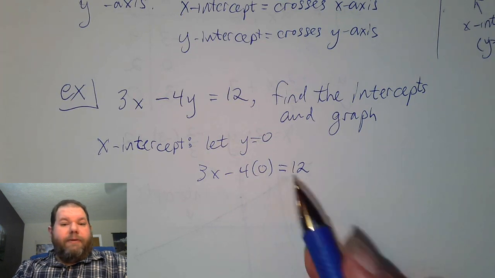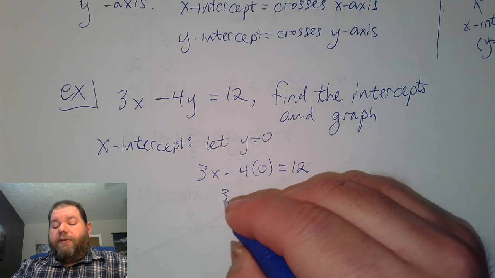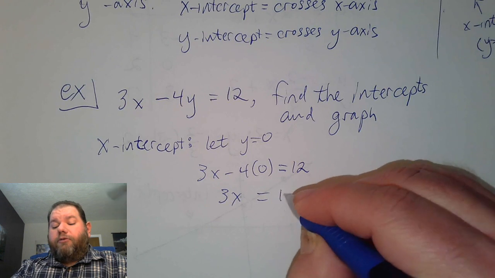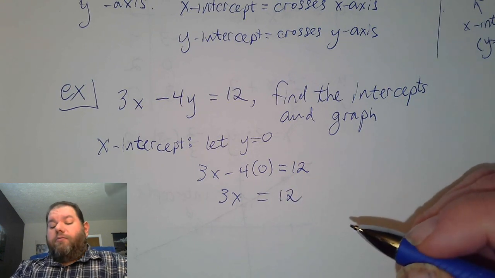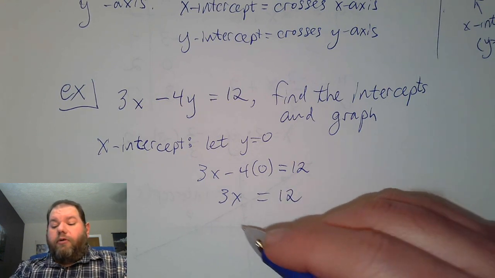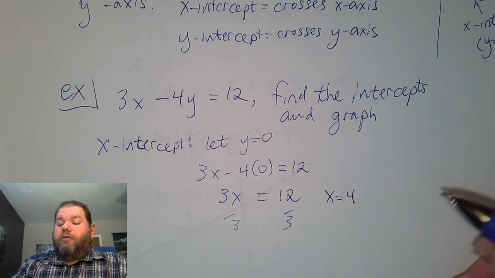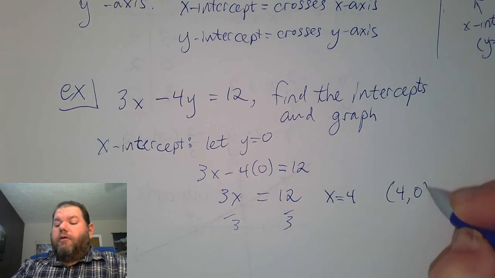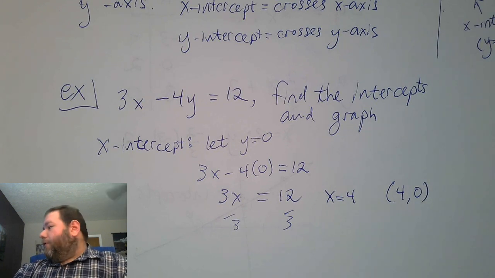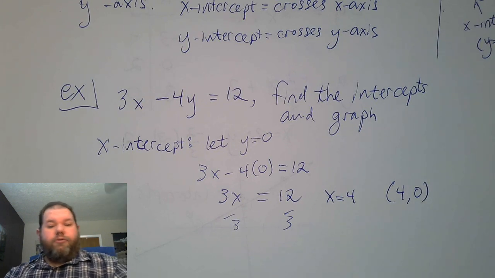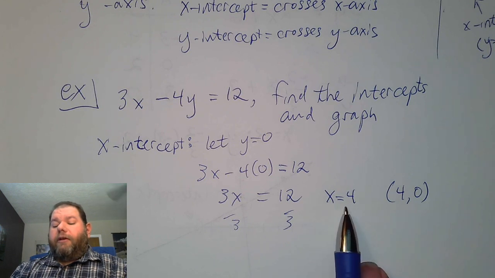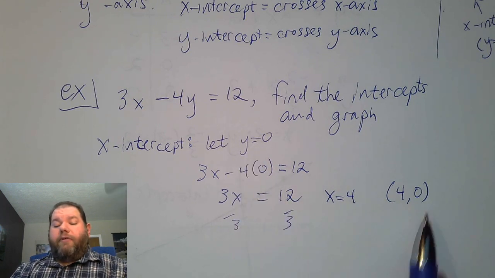But now 4 times 0 is just 0, so realistically we just have 3x equal to 12, which means x will just be 4 after we divide by 3. So that gives us an intercept of (4, 0) if we write it in coordinate form, because we have an x value of 4 and a y value of 0.